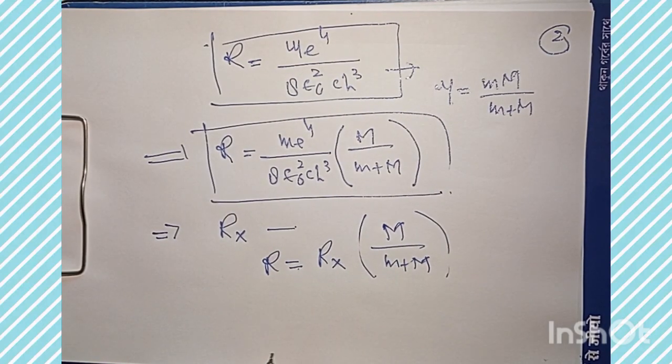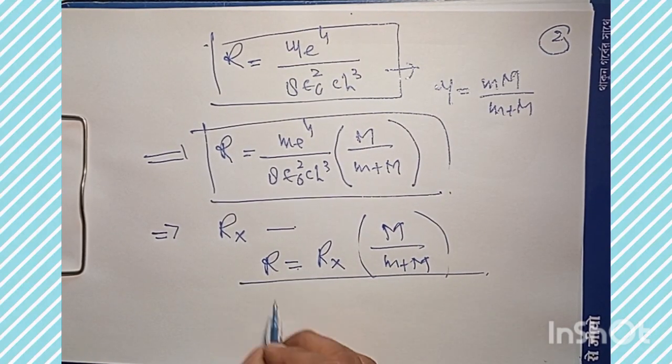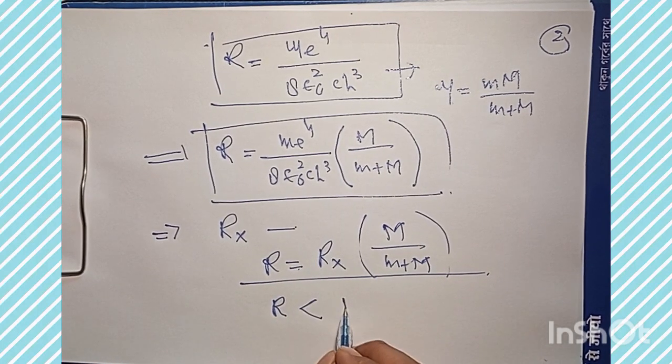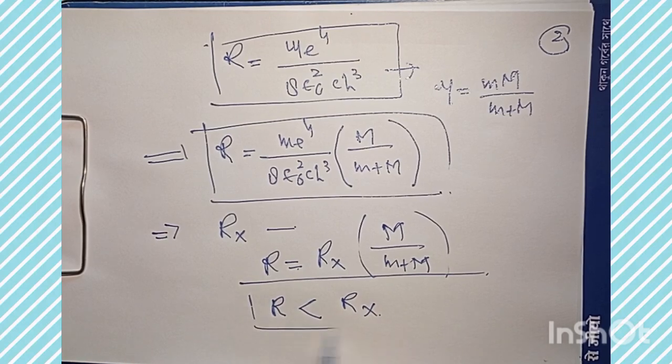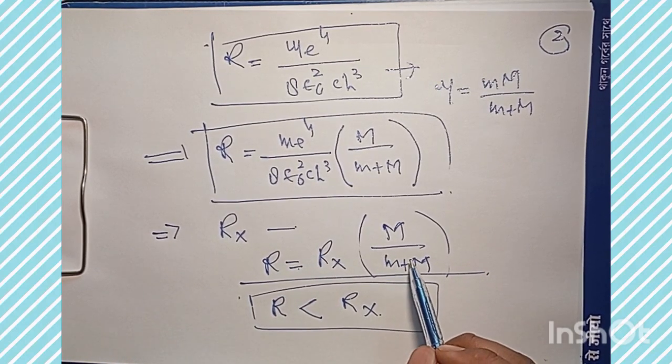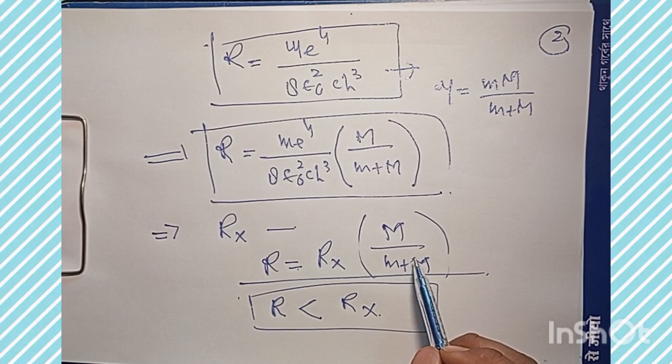What I get from here is that this R is less than this R infinity, because we have incorporated the mass of the nucleus, right?